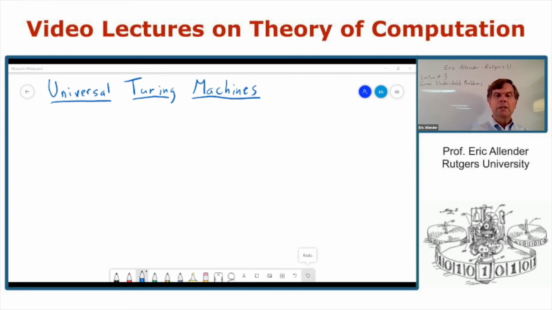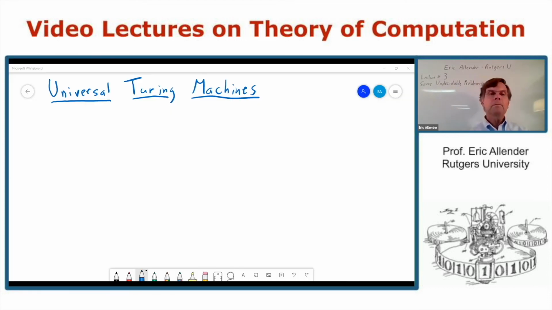What Church and Turing showed was that it is undecidable. Let's give some other examples of undecidable problems. And in order to motivate that, the first thing we're going to do is talk about an important notion called the Universal Turing machine.